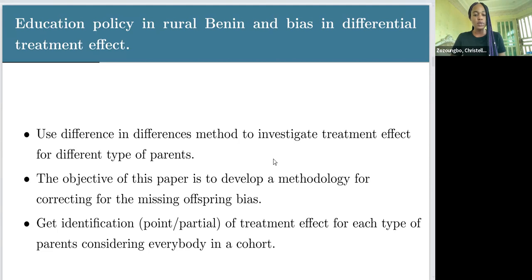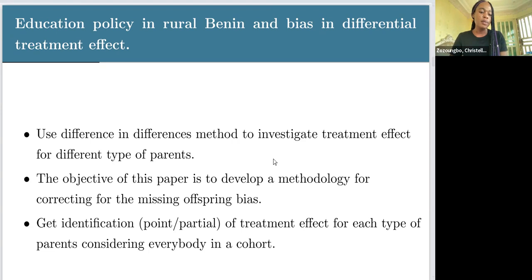So what I'm trying to do now is to still use the differences method that I used before to investigate the treatment effect for different type of household. But now the objective here will be to develop a methodology for correcting for the missing offspring bias, like the children or the offspring that are not living in the same household as their parent, and so I cannot link them with their parental characteristics.